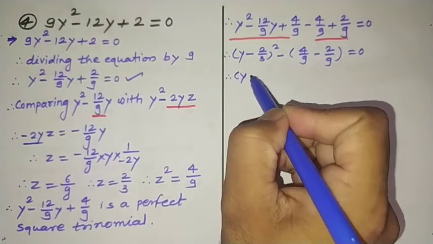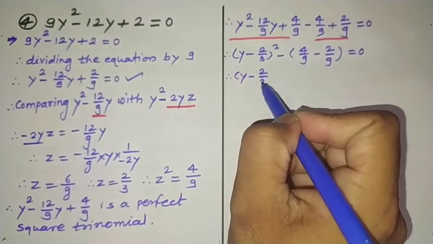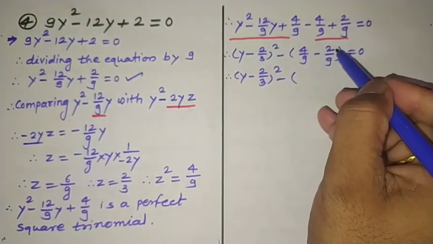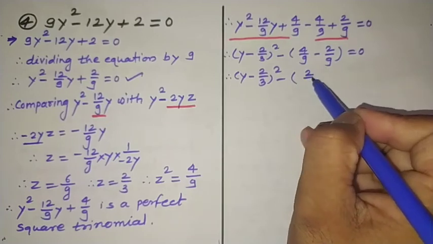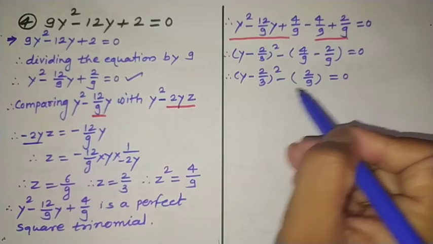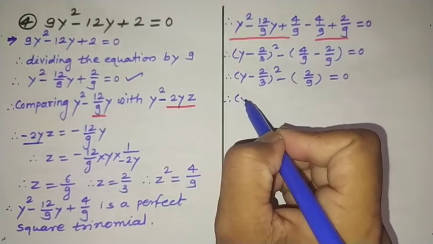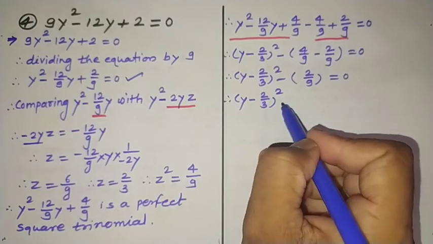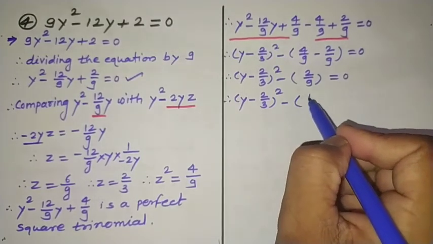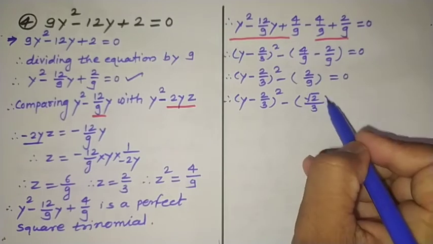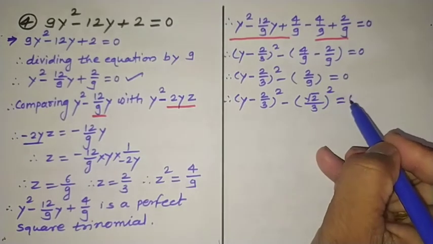Therefore (y minus 2 upon 3) square minus (4 minus 2) upon 9 is equal to 0. Write in square form: (y minus 2 upon 3) bracket square minus square root of 2 upon square root of 9, which is 3, bracket square is equal to 0.